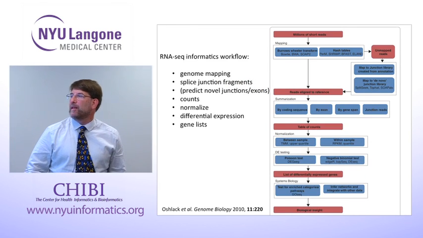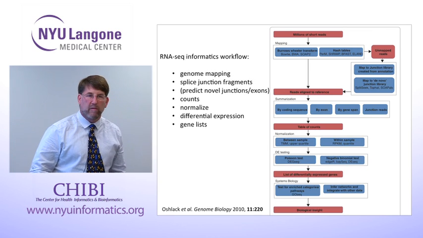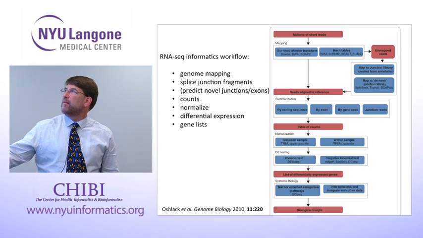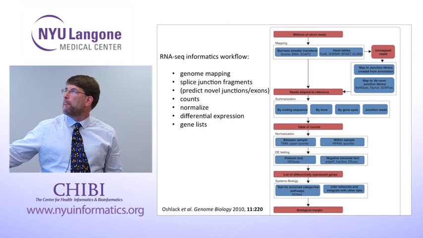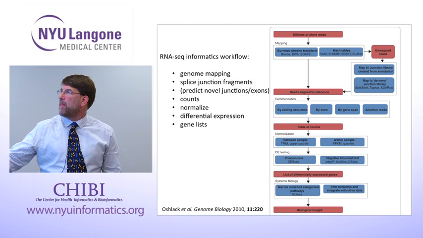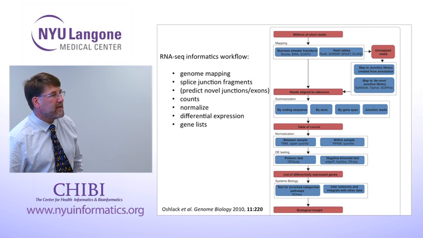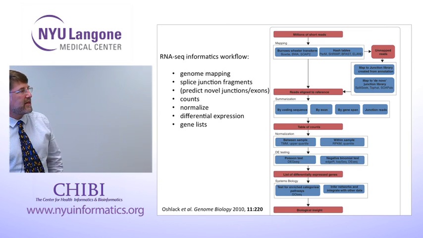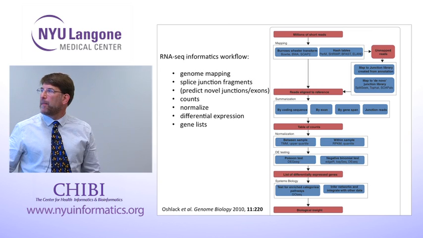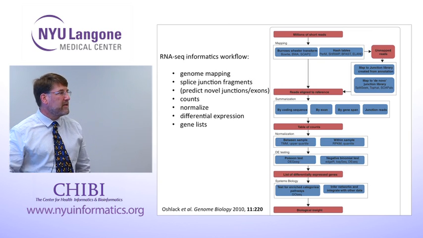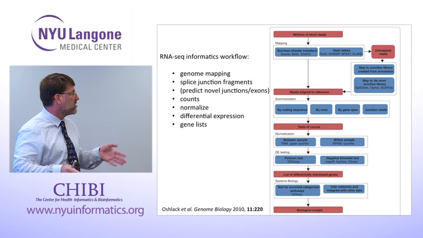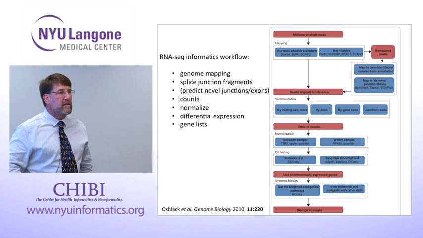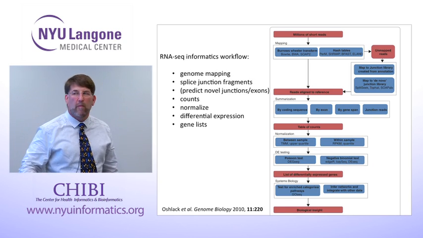This is just in general a more complicated view of the workflow. So this is the output of the sequencer. It goes through an alignment step to the genome. And then you have some sort of reference annotation information, the location of exons. And then you're going to count up the number of reads for each annotated unit, each exon, each gene, each transcription unit, other units that you might want to decorate your genome with.